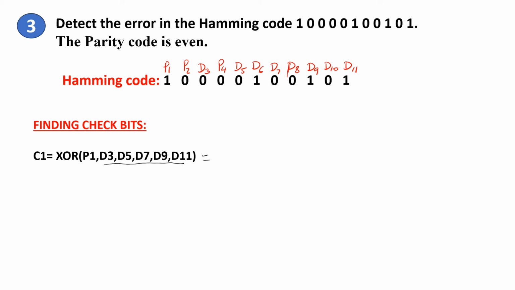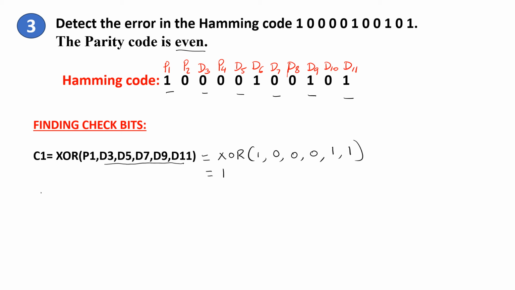So C1 is equal to XOR of P1 is 1, then D3 is 0, D5 is 0, then D7 is 0, D9 is 1, D11 is 1. So here there is an odd number of 1s, and since we are using even parity, the output will be 1.